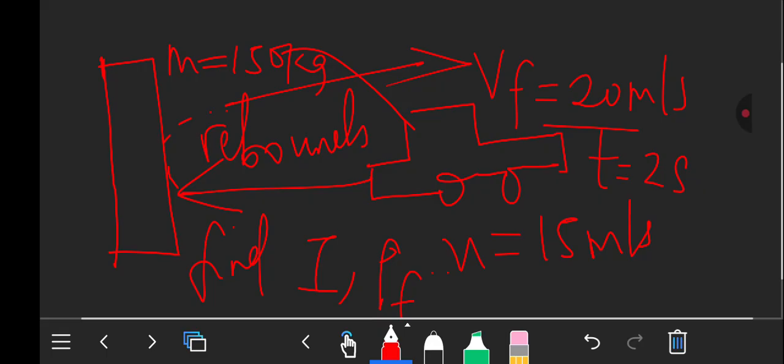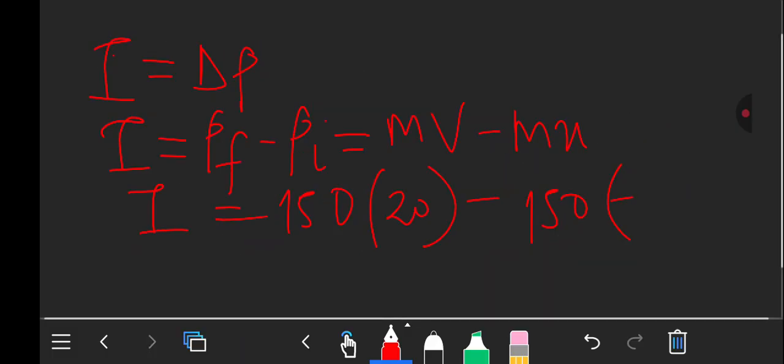Since it is going in this direction, when you are dealing with momentum, it is very important to take into consideration the direction of the velocity of an object. If it is going to the left side, the velocity will attract a negative sign. So it will be negative 15 meters per second, that will be the initial velocity.